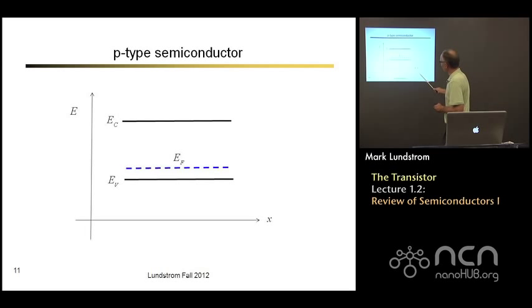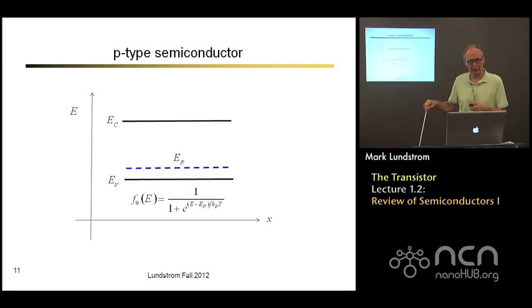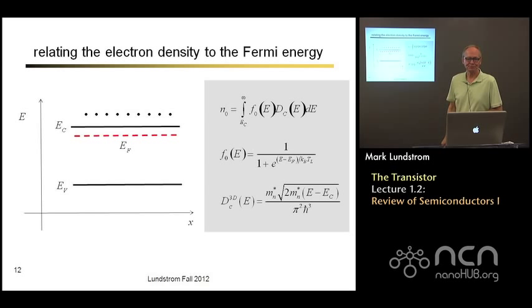So here's an energy band diagram, energy versus position for the valence band and the conduction band. We'll sketch the Fermi energy. We'll put it down near the valence band now. Because if I do that, there's some small probability that the states near the top of the valence band are not occupied, which will give me an empty state or a hole that is free to move around and act like a positive charge carrier.